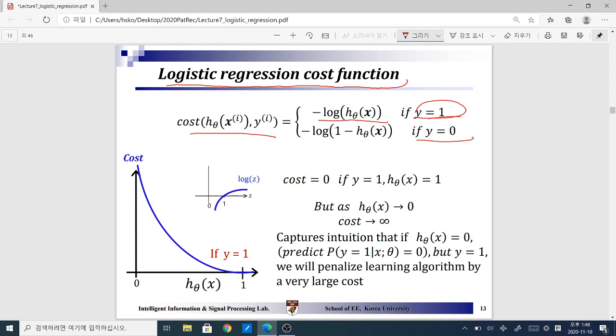For the label 1 case, we map it into the negative of the log of the hypothesis function, and for the label of 0, we map it into the negative of the log of 1 minus the hypothesis function. So let's look at both cases. First, let's look at the label 1 case, so the positive case.